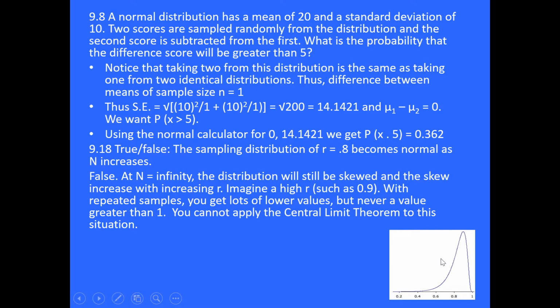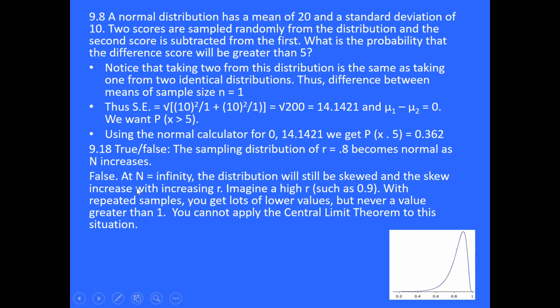This is the sampling distribution for that. So as you approach R equals 8, it gets really, really skewed. So no, in fact this would never be true. So as n gets smaller, maybe it gets a little more normal, but there's really no way to make this true. So I guess you could say the sampling distribution of R equals 8 does not become normal as n increases.